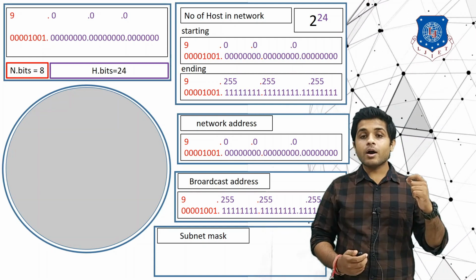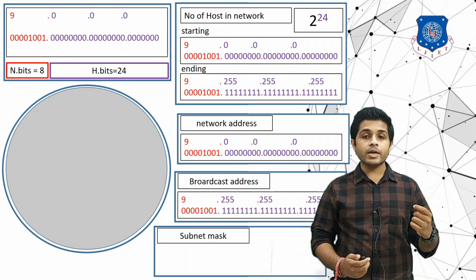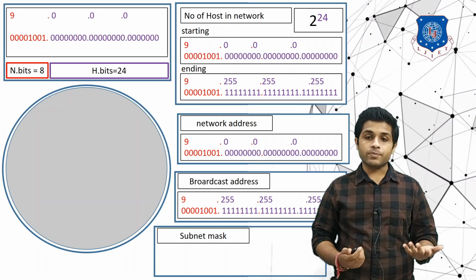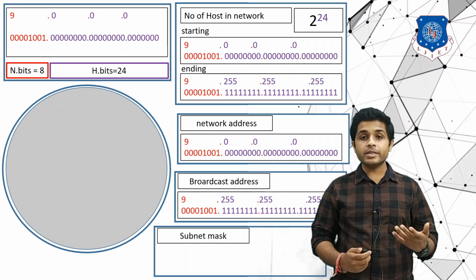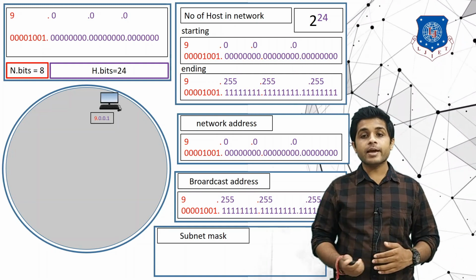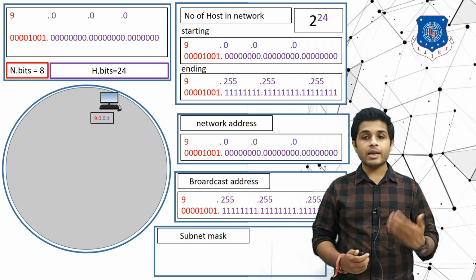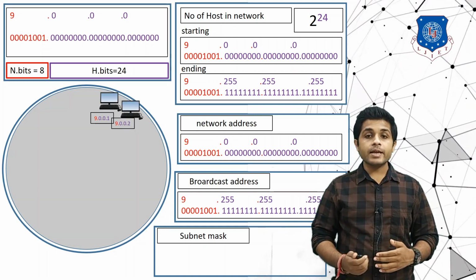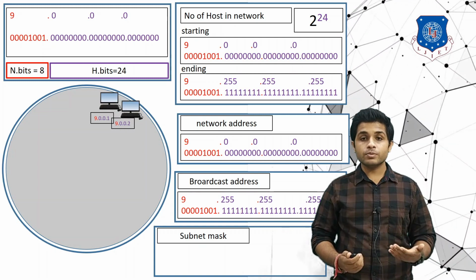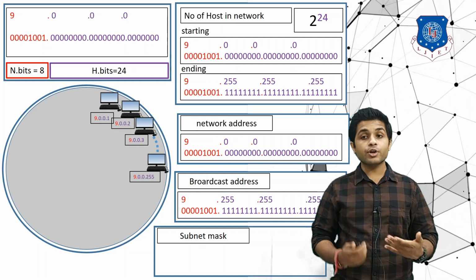Any IP address apart from the first and last will be allocated to the devices in the network. So what will be the IP address of the first device? The first device will get 9.0.0.1. Then the next device will get 9.0.0.2, then 0.3, 0.4, 0.5 up to 0.255.